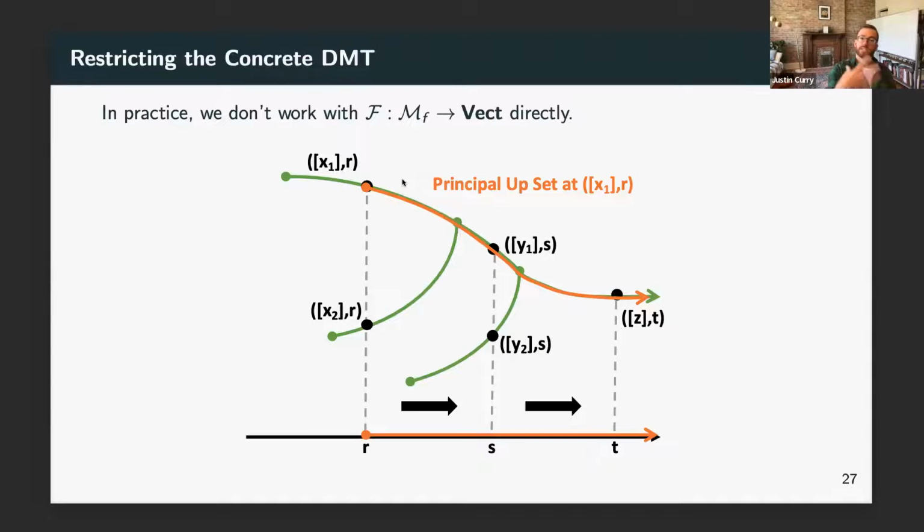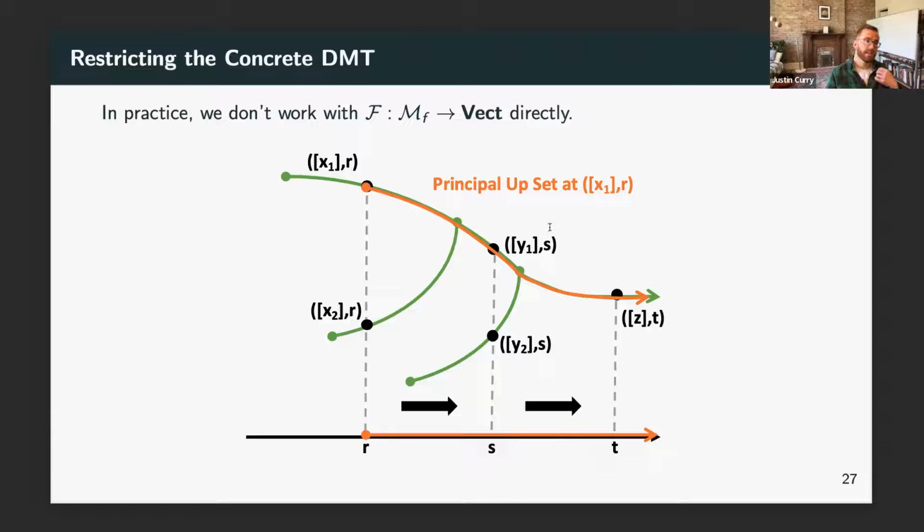But again, this array sheaf is hard to study on its own. Instead, we use tricks where if I take a point in the merge tree, I can then look at all the points that stand above it, which I think of as the principal upset. And now I'm restricting a sheaf to a line, and again, I have a barcode decomposition.